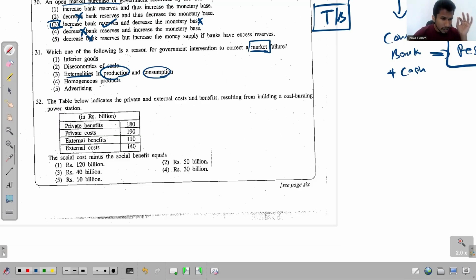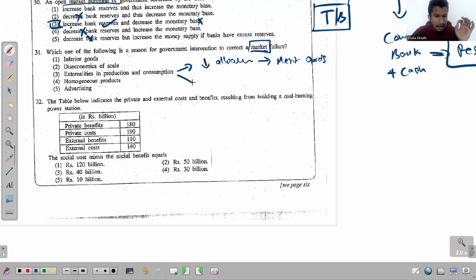So if I tell you that precisely, as a result of ignoring positive externalities in consumption, there will be under allocation of resources to produce merit goods.